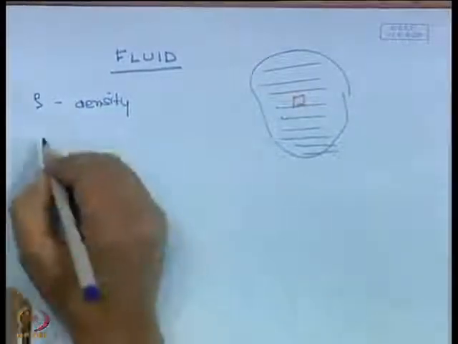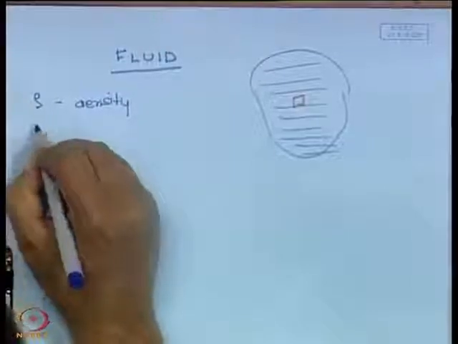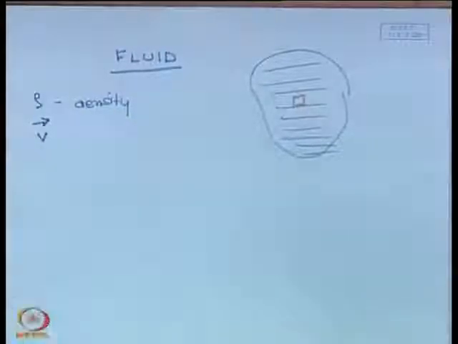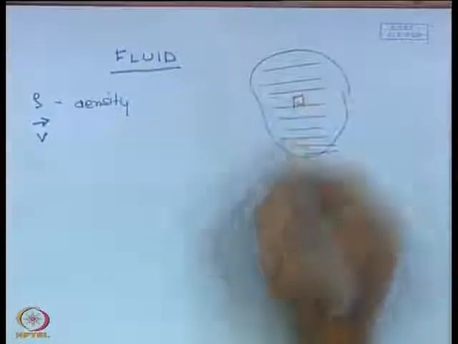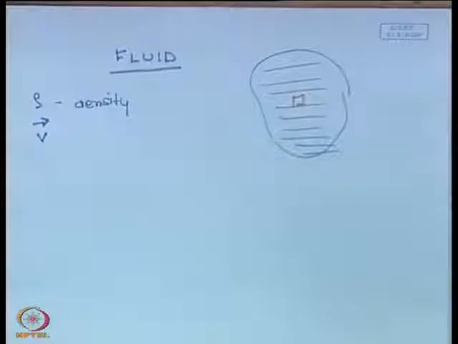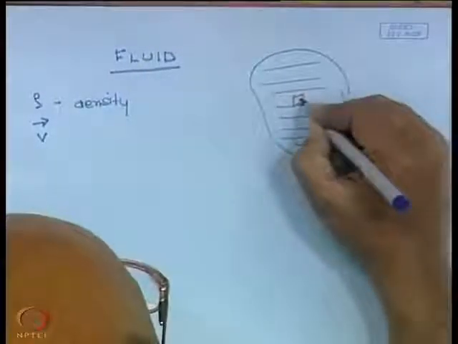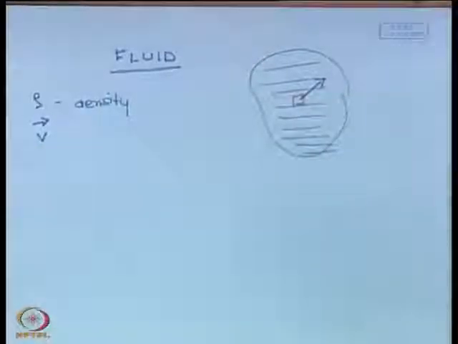Similarly, we will also use the velocity. We will ascribe one velocity to the water in this region, that is the mean velocity of all the water particles in that region. This is the other macroscopic quantity in this fluid picture.